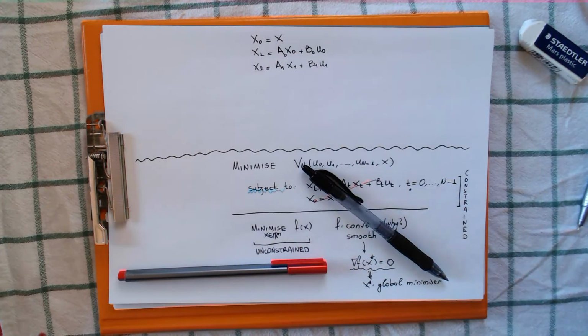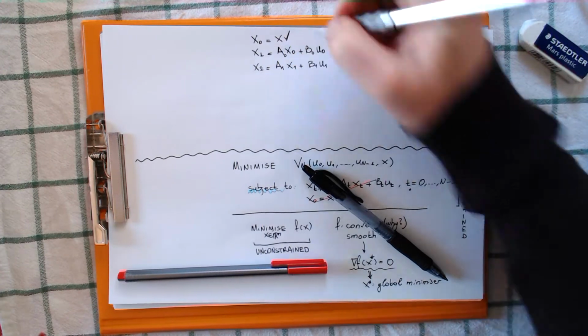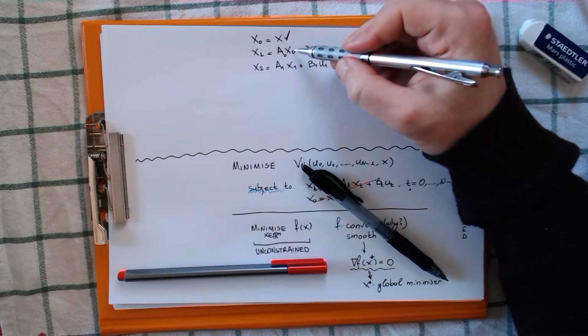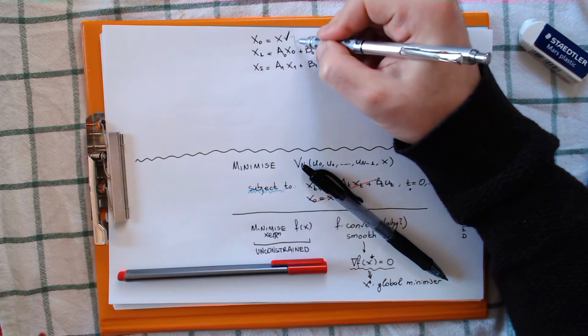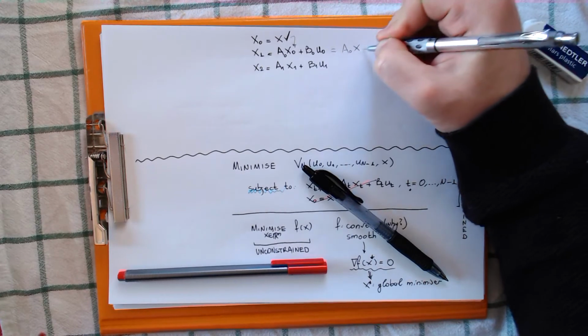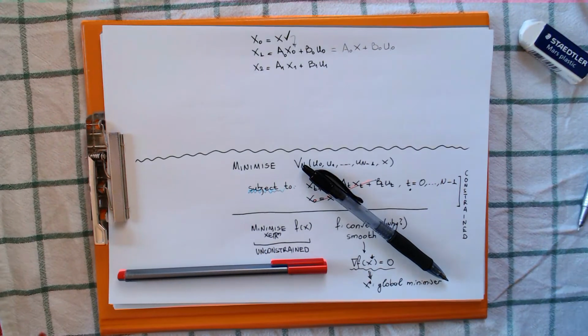The first equation is absolutely fine because it is just a constant x. The second equation involves x0, but we can plug in x0 from the previous one, so that's fine now.